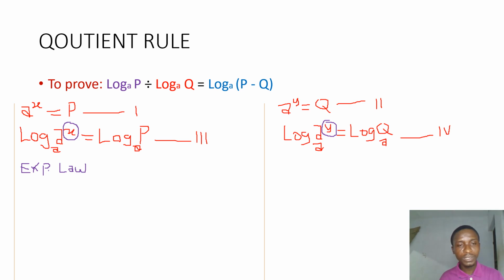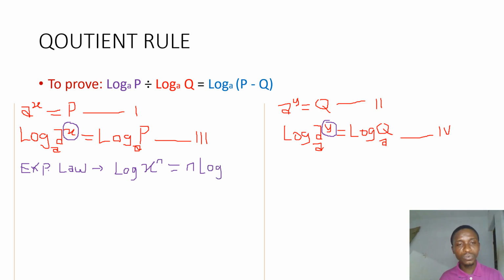And what's the exponential law saying? Exponential law states that if you have log x raised to the power of n, then this will be equal to n log x.